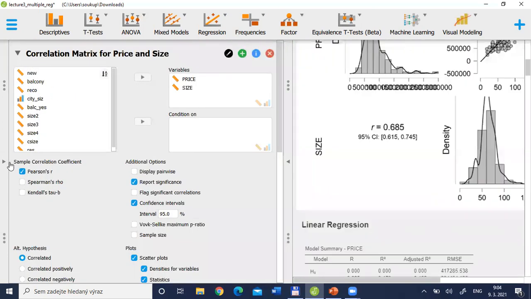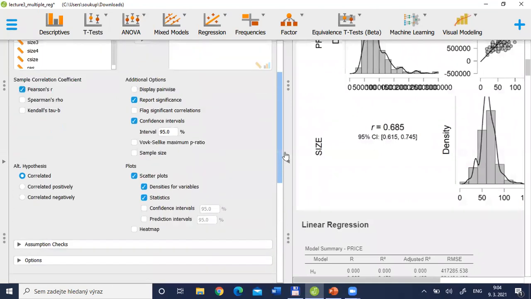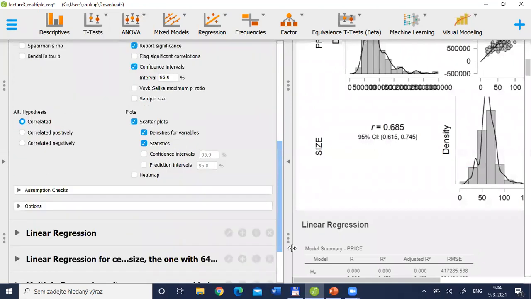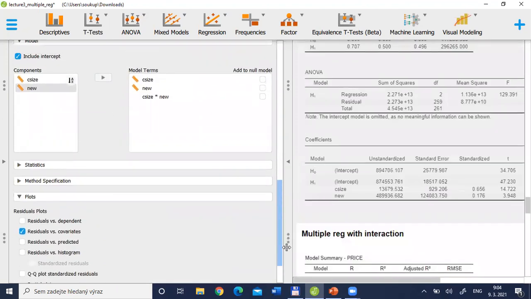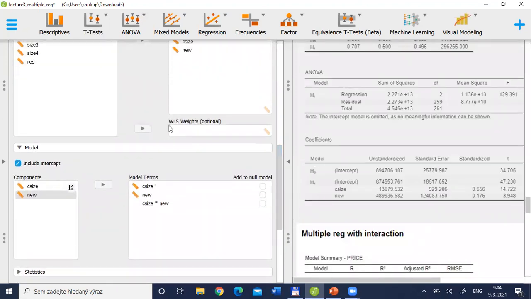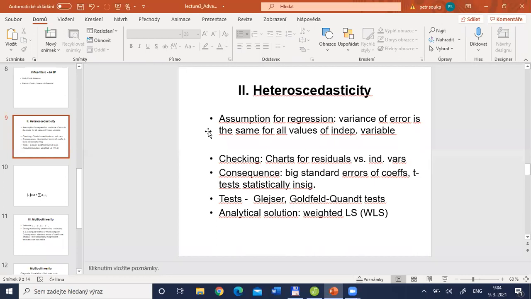If you would like to implement it, it is quite complicated in JASP, but you can go into the regression procedure, and there is, I guess, yeah, here it is, a special window for this weighting variable. So this is the weighted least squares technique, which is usually applied for big heteroskedasticity problems.